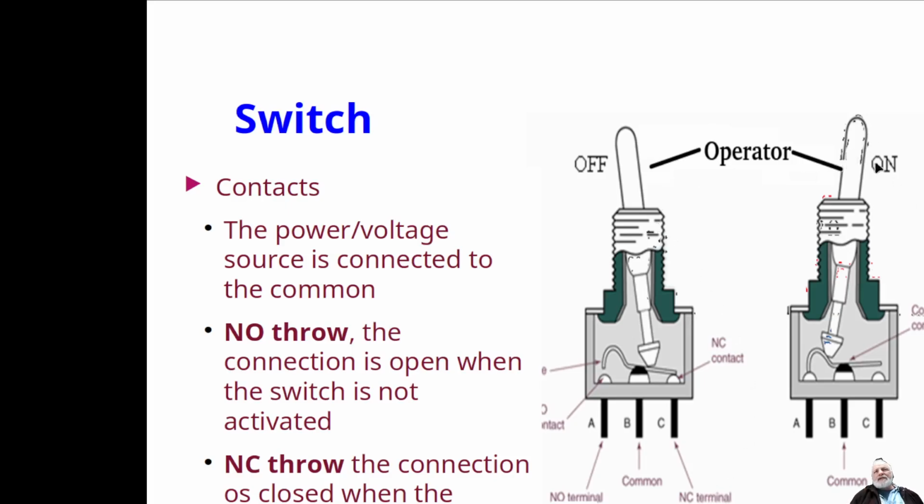But then when you flip the switch to on, it causes the pole to move and force this lever down to make contact with the normally open. So the normally open is now closed in the on position. And so current flows through the common over to the A connection in this case.